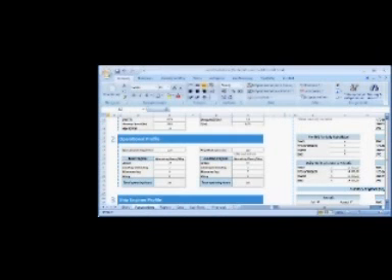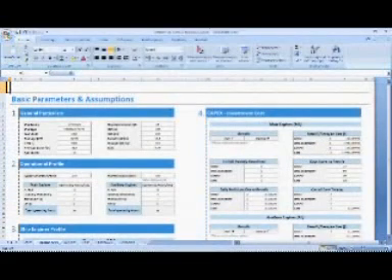No. Wait. That's perfect. We can see the Excel file.